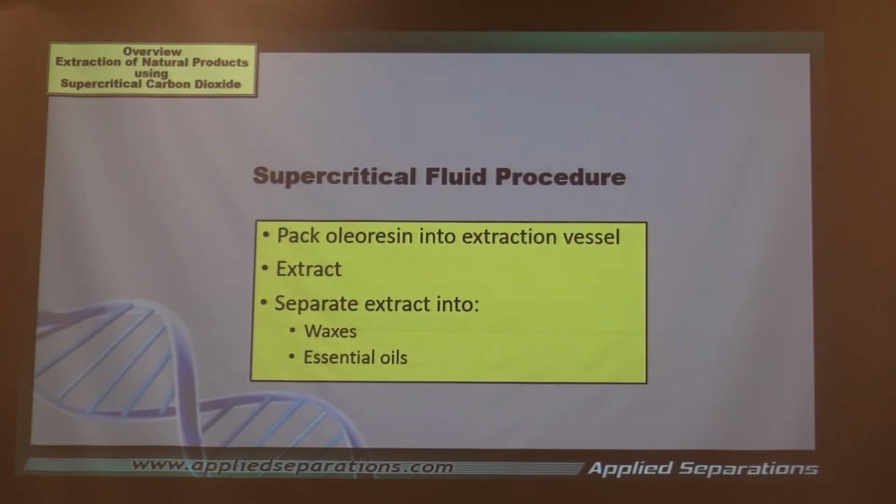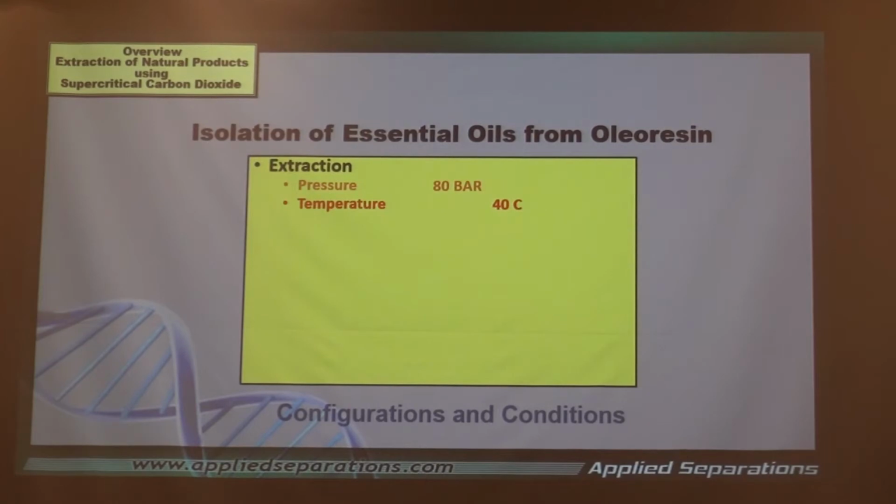You've got this piece of equipment that is capable of running a wide range of different kinds of temperatures and pressures. Take a look. Here's the extraction pressure, 80 bar, 40 degrees C, supercritical.